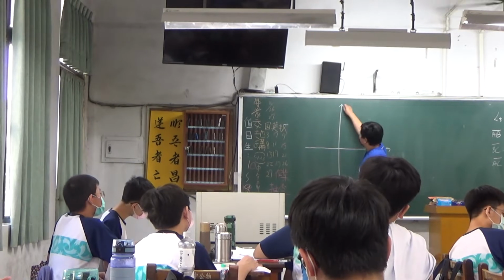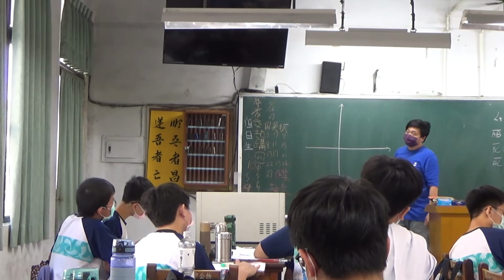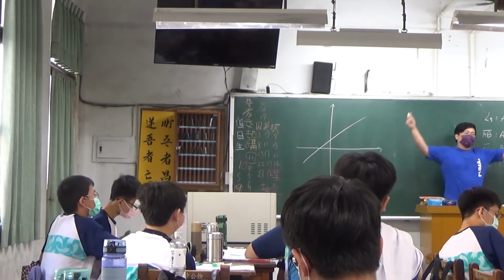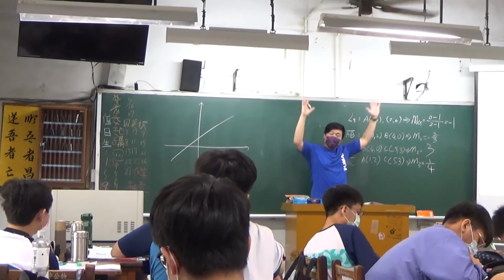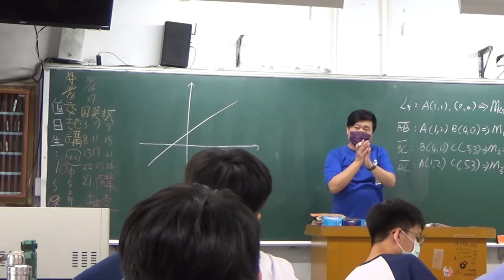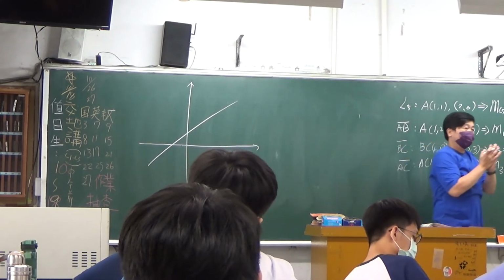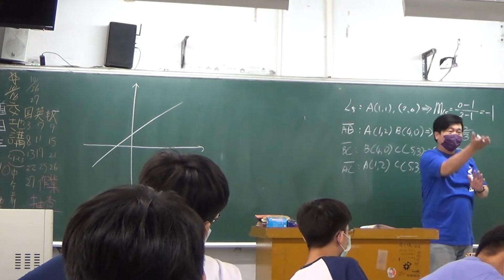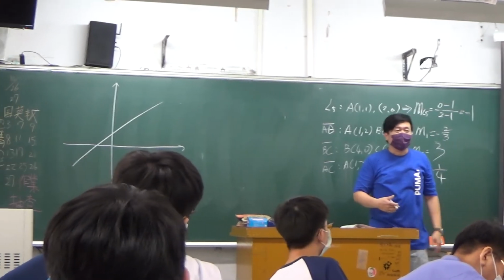So their slopes are the same. Okay, good. But please look here. I want you to show me why. So you have to tell me the reason. Okay? You have to tell me the reason. Why? Because they are all similar triangles. Okay, good.